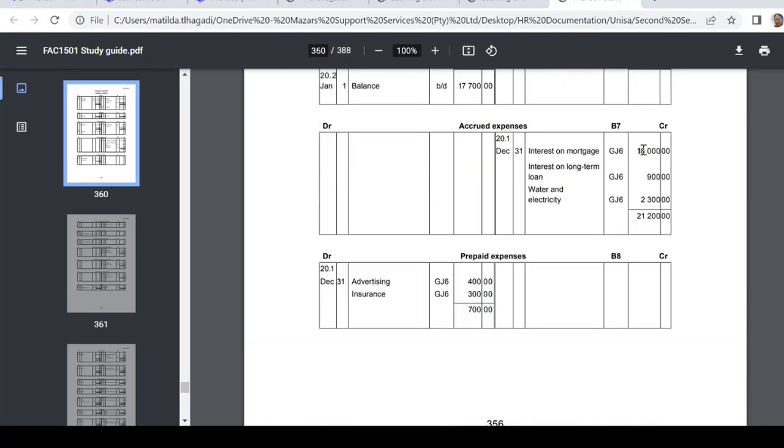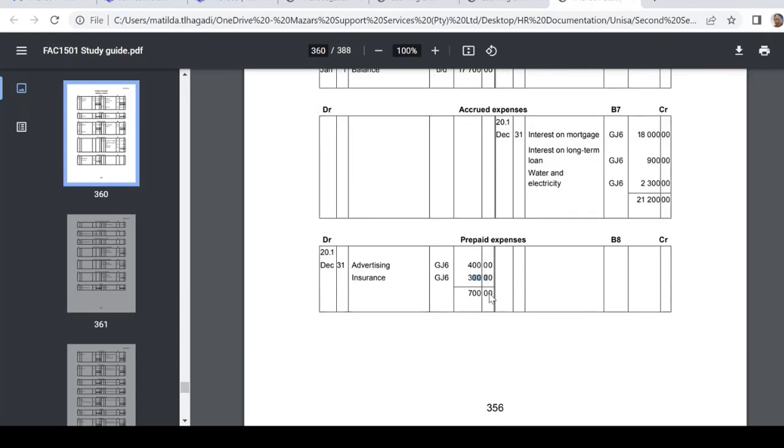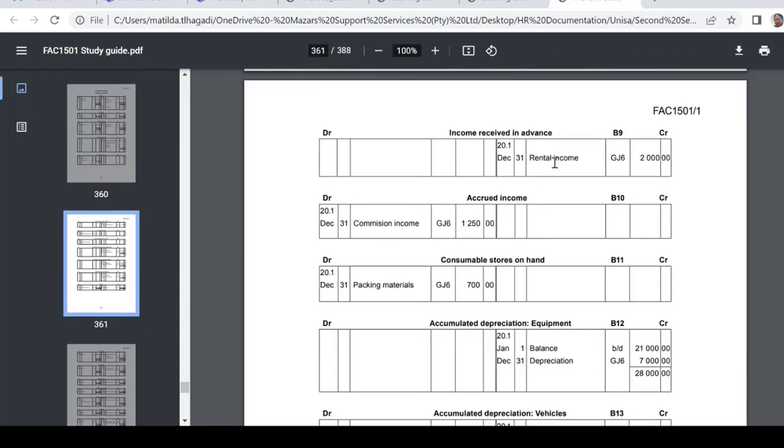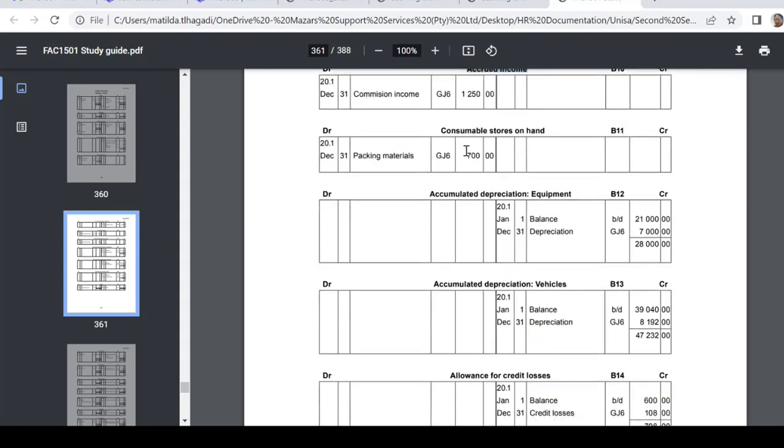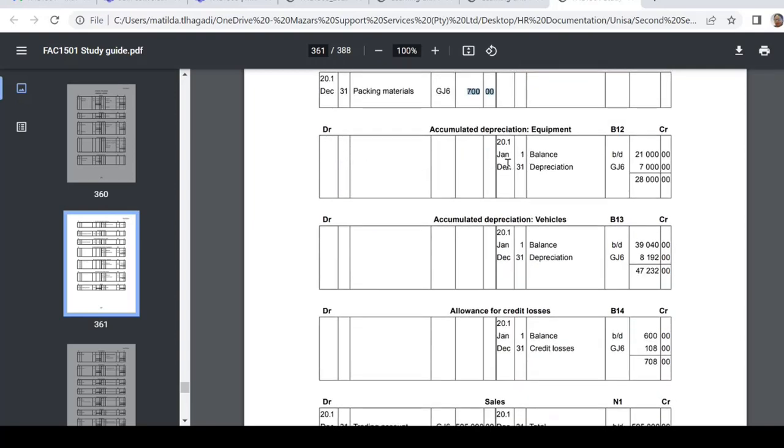So remember these ones from the general journal. Yes. And these ones also. And then income received in advance, remember, from the rental income, from the general journal. Accrued income also from the general journal.